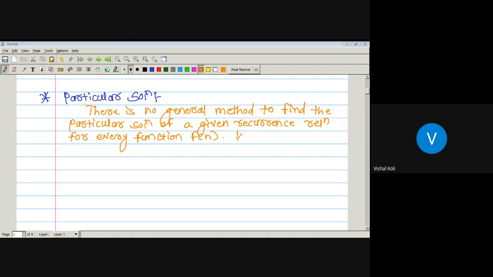But we shall discuss the method of undetermined coefficients.